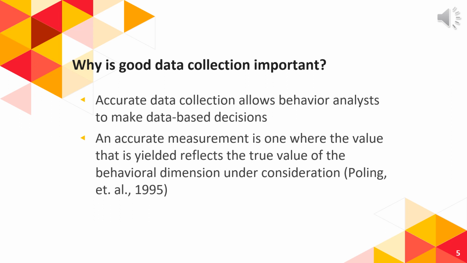So the more accurate data collection is, the more beneficial changes will be when we make them. For example, if a client's true value of correct responding is 70%, but a technician incorrectly takes the data as 90% correct, then the client may be moved to a different phase when they are not ready. This can hinder future learning.